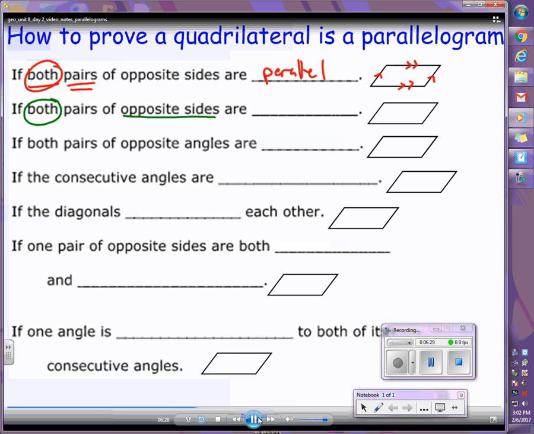The next statement says both pairs of opposite sides are congruent. So that means the two short sides are congruent and the two long sides are congruent. Keyword being both. That's why I emphasize the and so much.